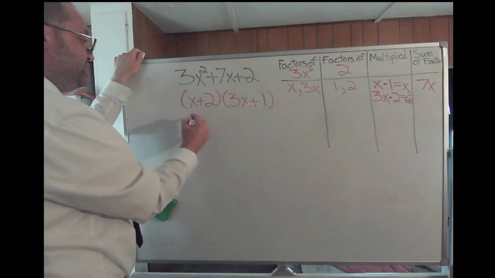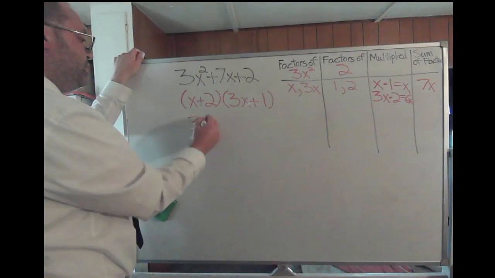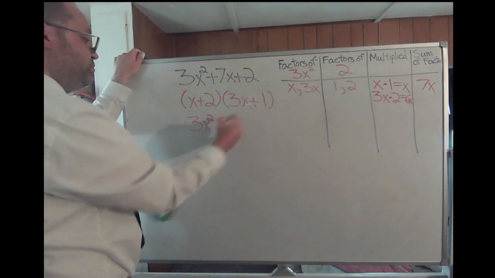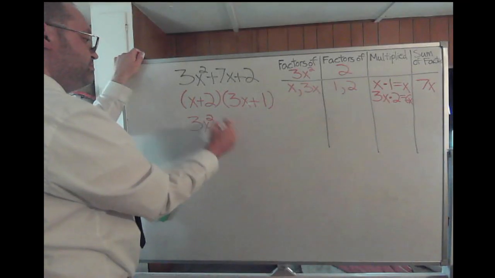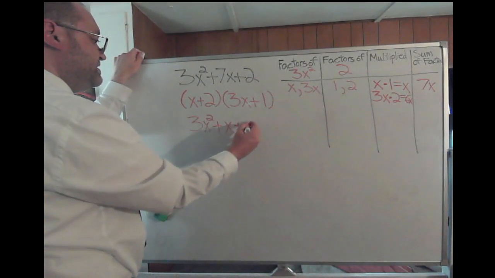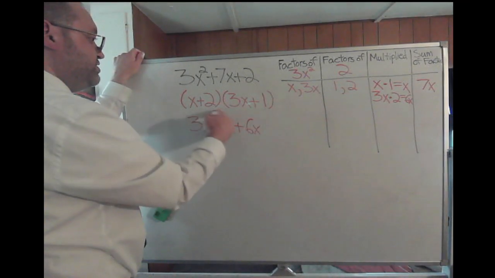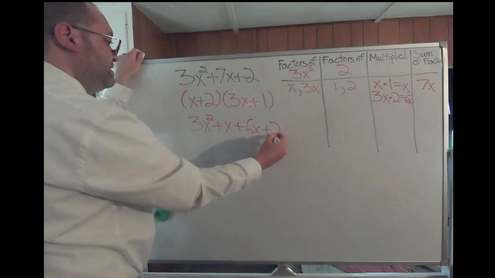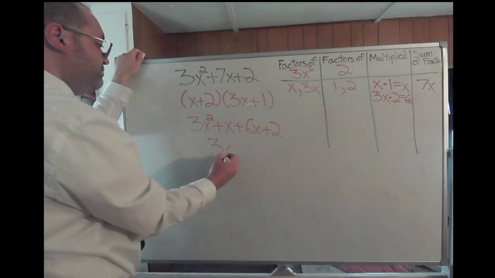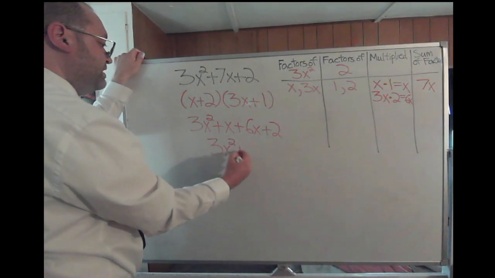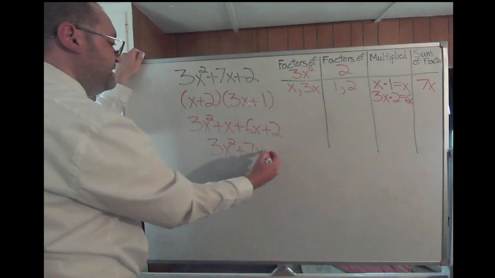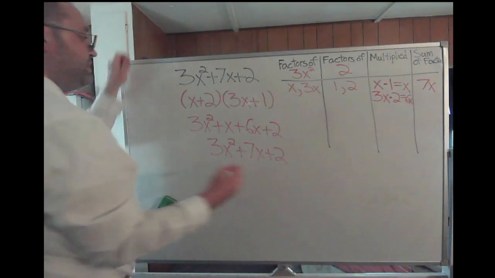If we FOIL this out, you'll get x times 3x, which is 3x squared, plus x times 1, which is x, plus 2 times 3x, which is 6x, plus 2 times 1, which is 2. Simplify this, you would end up getting 3x squared plus 7x plus 2. You would get the original expression right back.